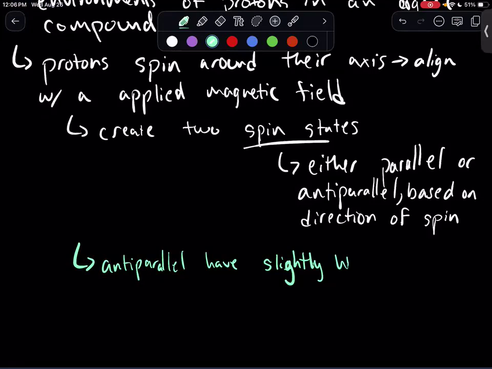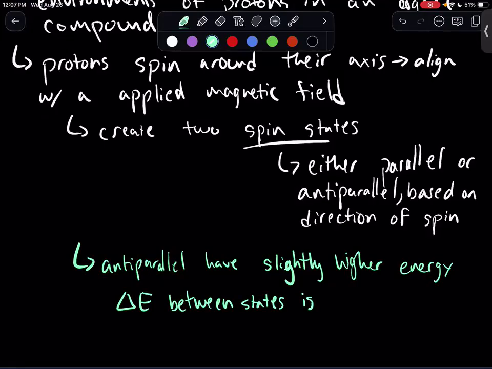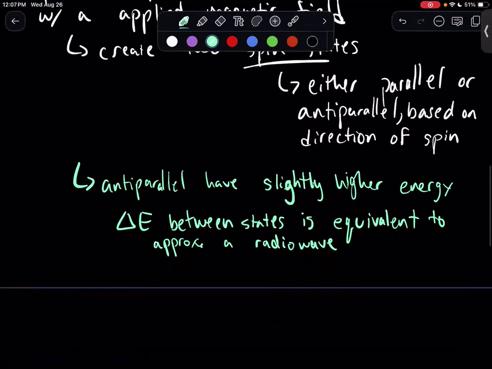And that difference in energy, the delta E between states, is equivalent to approximately a radio wave. Which is very interesting because the energy of the radio wave can then promote that lower proton to the higher energy state, the parallel with the anti-parallel.